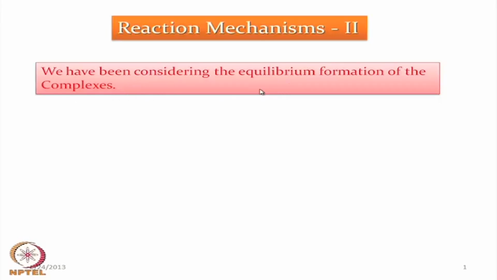So when we add metal ion and the ligand to each other, we find that the corresponding metal-ligand bond is formed, depending upon the coordination number requirement of the metal ion.